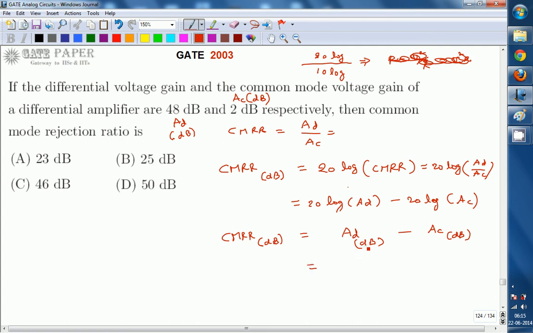Now AD in decibels is given as 48 and AC in decibels as 2. So 48 minus 2 is 46 dB.